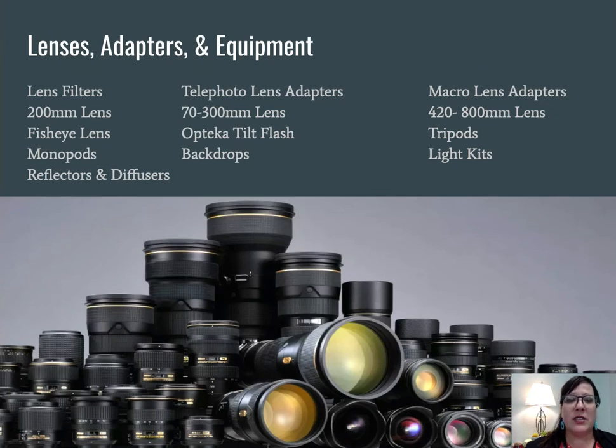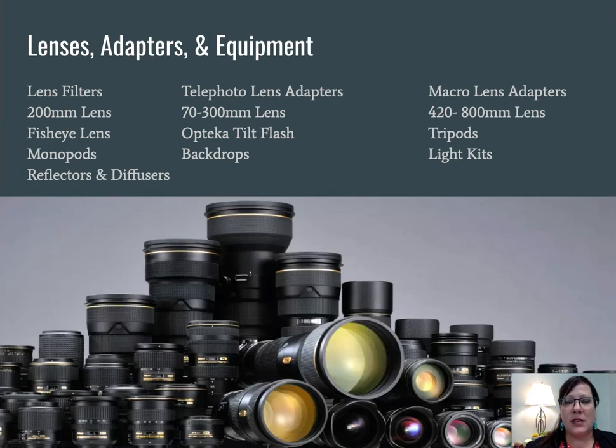We have a ton of lenses, adapters, and equipment you'll get to use. It's actually very exciting. We have lens filters, fisheye lenses, tripods and monopods, reflectors and diffusers. We have a whole studio full of equipment that you haven't even seen yet. We do have a few telephoto lenses as well, and specialty lenses that go down to a really small aperture number.